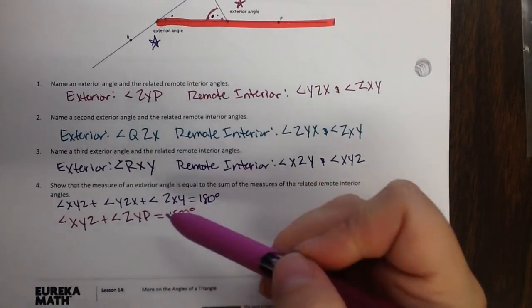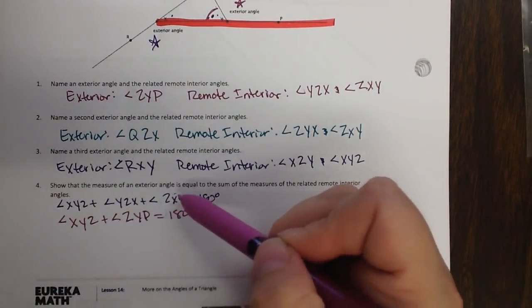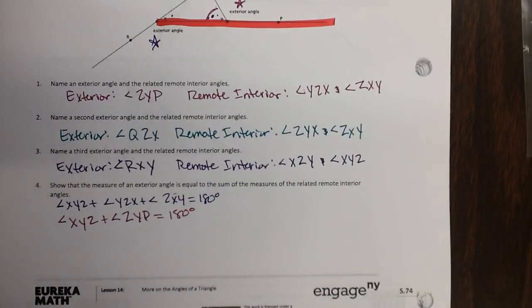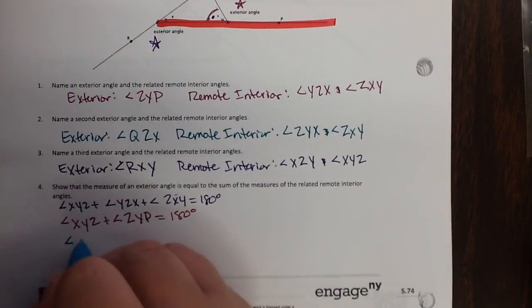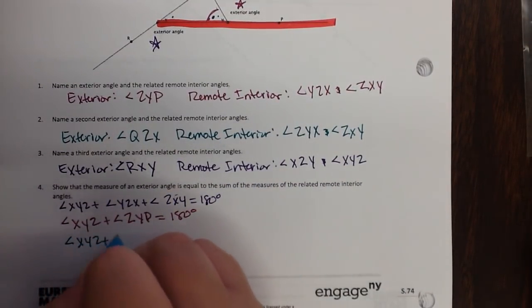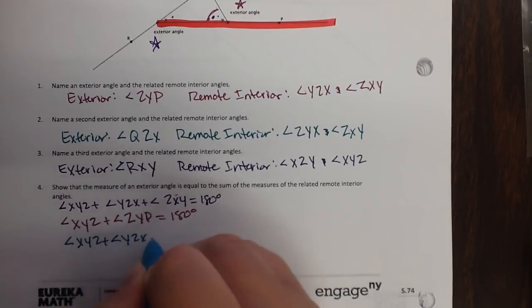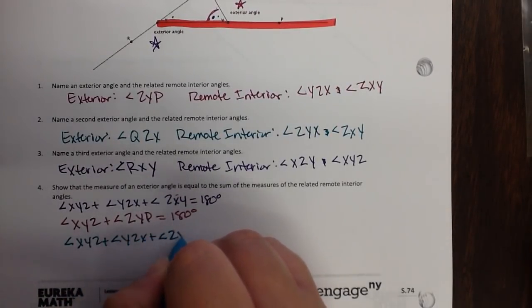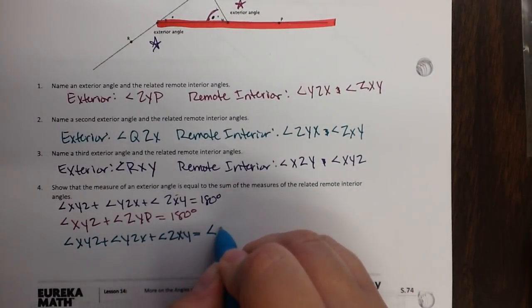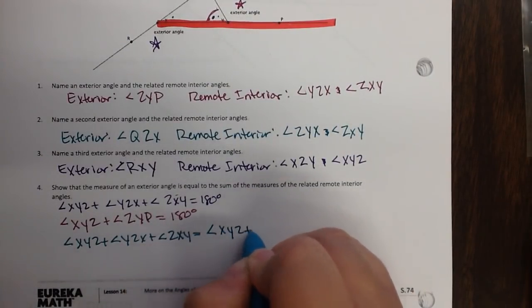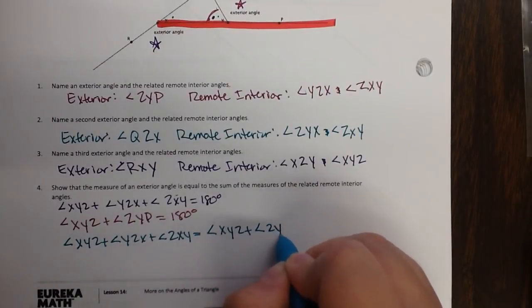So, because these are both equal to 180 degrees, I can set them equal to each other. Okay? So, angle XYZ plus angle YZX plus angle ZXY equals angle XYZ plus angle ZYP.